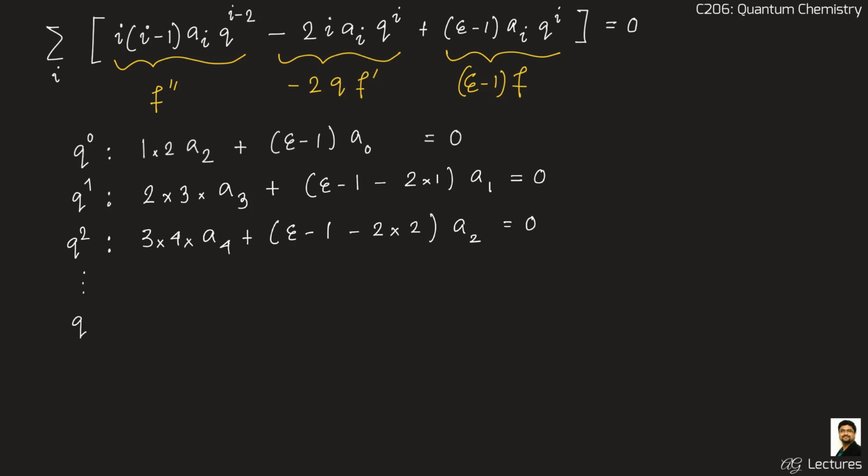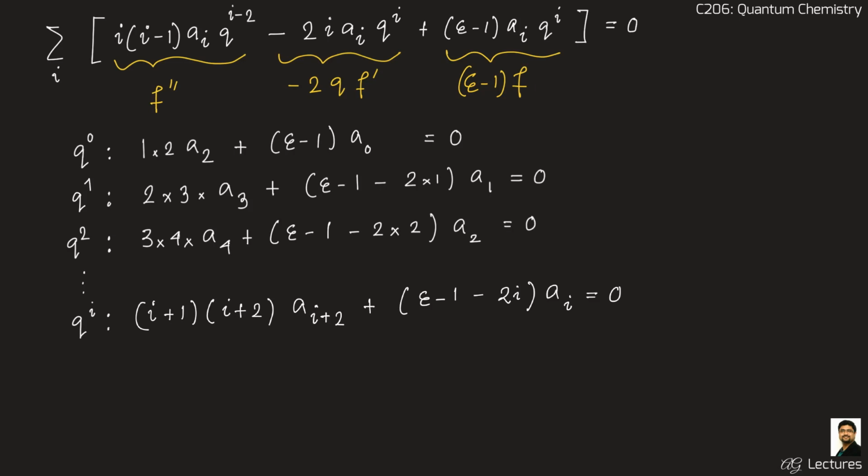Finally, if I take any q to the power i for a general term, that is going to be i plus 1 multiplied by i plus 2 a i plus 2 plus epsilon minus 1 minus 2 times i a i, and that is equal to 0.